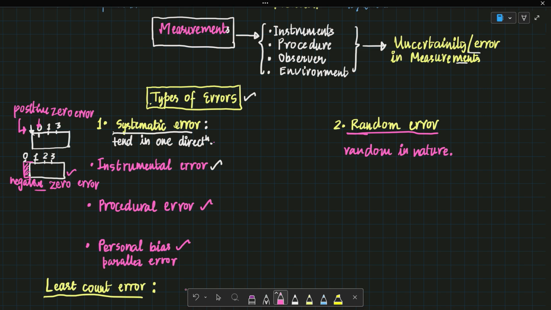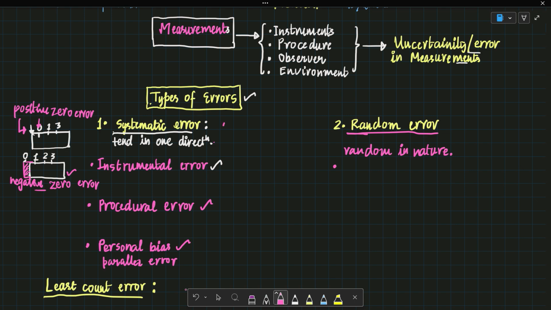There could be voltage fluctuation, or some vibration, or some impulsive force, or some humidity, or a rise of temperature. These kinds of uncertainty, which are totally random in nature, we have no control to correct.